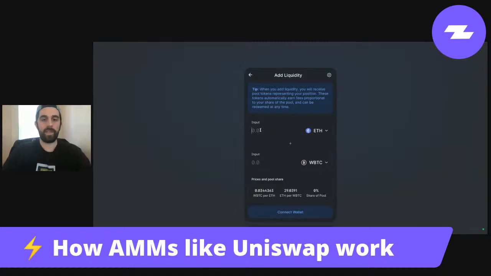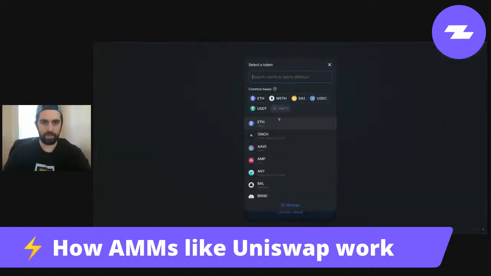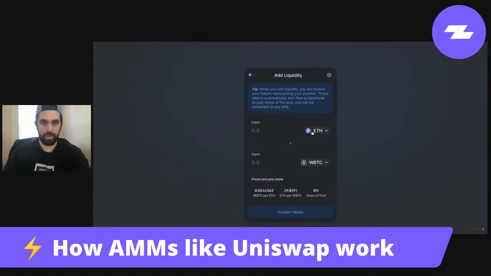So if I were to put in some wrapped Bitcoin and some Ether, let's say 0.01 wrapped Bitcoin, based on the price of Ether and wrapped Bitcoin, based on the liquidity in this pool, I would need this much. Now, if I translated these both to US dollars, you would see that they're equivalent. It's 50% versus 50%. Let's just pretend for a moment this was $1,000 worth of wrapped Bitcoin, it would be $1,000 worth of Ether. And so I'm putting in these two shares of my tokens.